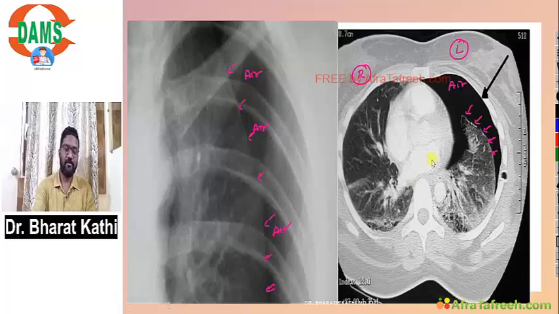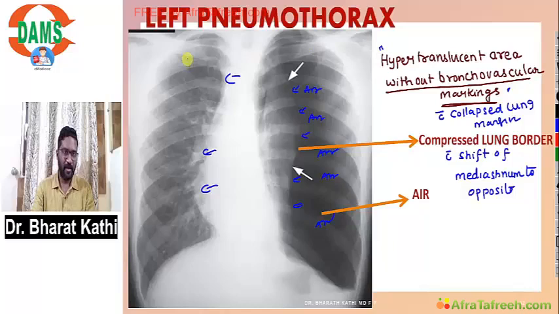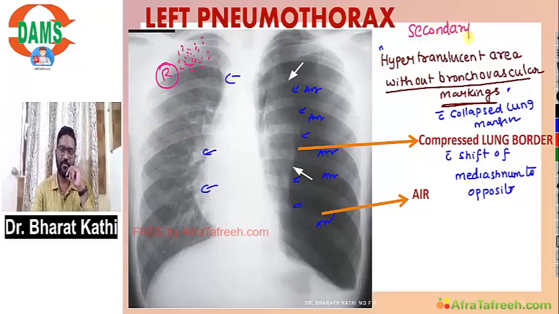And few examiners, even after mentioning all this, I'll give you an example. They'll ask you, it is a left-sided pneumothorax. And the question asked for my postgraduate was, there were infiltrates on the right side like this. So anybody will think this is due to tuberculosis. He wanted to call it secondary spontaneous pneumothorax.